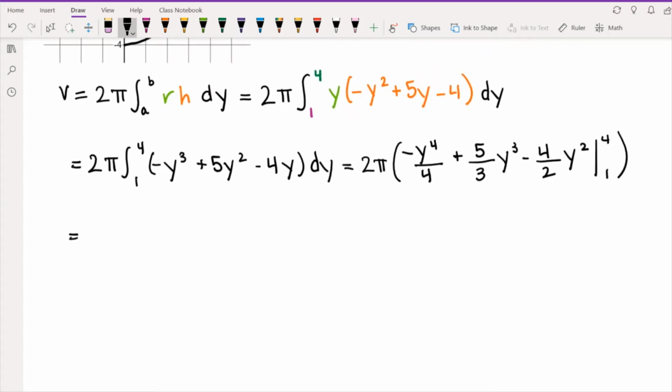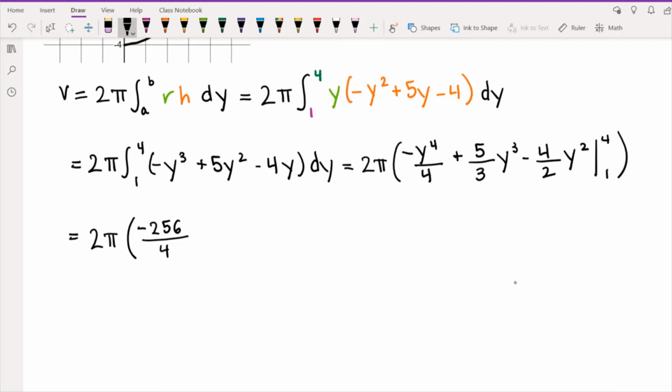So this gives us, when we plug in 4, so 4 to the 4th power, that one I have to calculate. Sorry, 1 second. 4 to the 4th is 256. So we have negative 256 over 4, which is nice because we'll be able to reduce that.